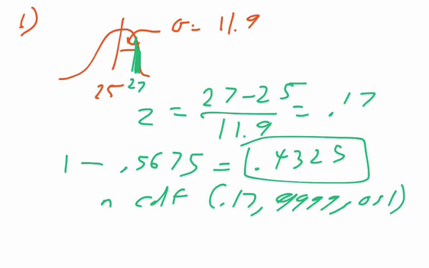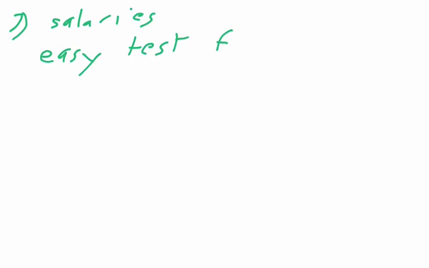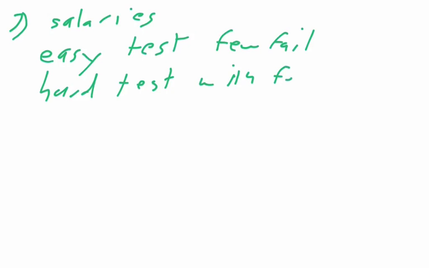Seven, which of the following is not likely to have a normal distribution? We talked about salaries in class, an easy test, or few fail, or a hard test with few A's.